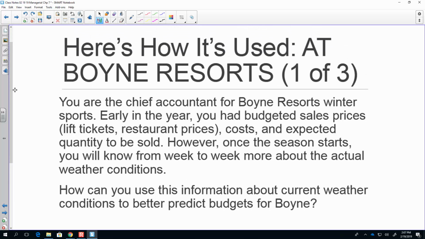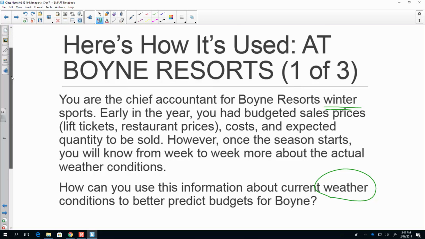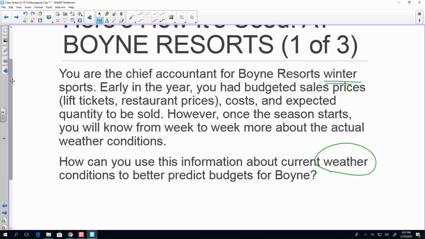Another thing that we have to be aware of, Boeing is the company profile in Chapter 7, which is a winter sport. Weather really comes into play on their predictions. So out of any industry, probably that is the big one that has to consider weather conditions. And they make most of their money between Christmas and New Year's. That's when a lot of people go skiing.